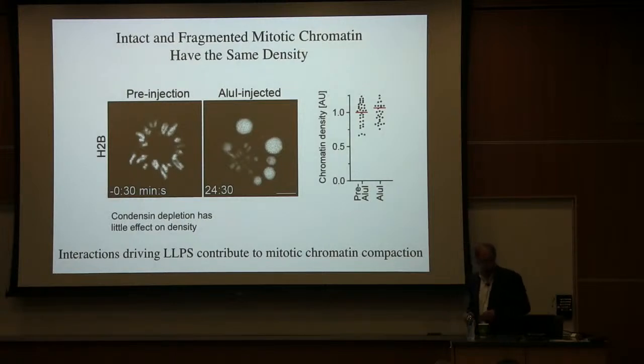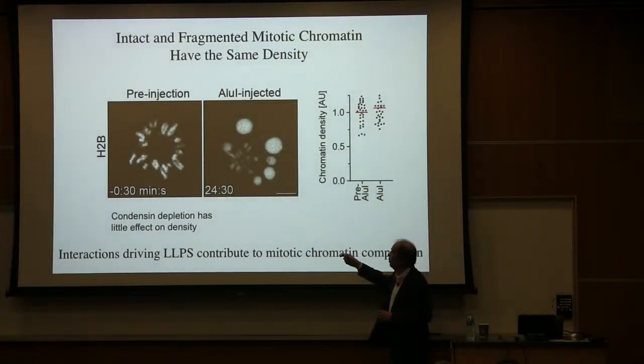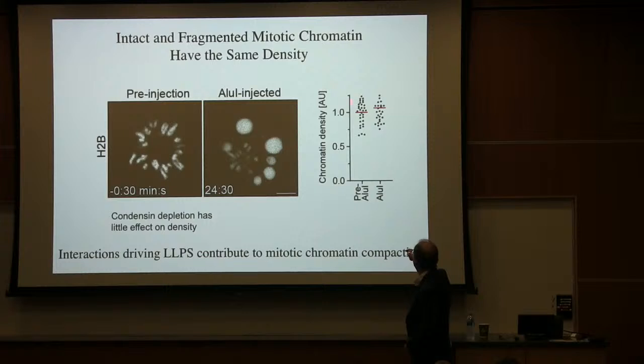Now, the density of intact chromatin and the density of these droplets generated by nucleases turn out to be identical within experimental error. This is quantification from a number of cells. What that says is that the physical properties, the interactions that contribute to this phase separation, are very likely the same processes that contribute to compaction of real, bona fide native chromatin.